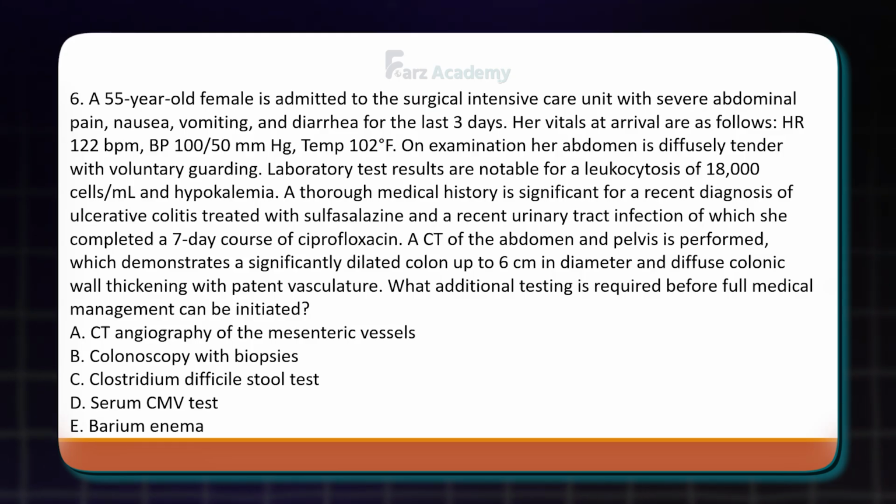Many clues have been given regarding the diagnosis, but just read the last line. What they want is what additional testing is required before full medical management can be initiated. What test do you need to do in this?